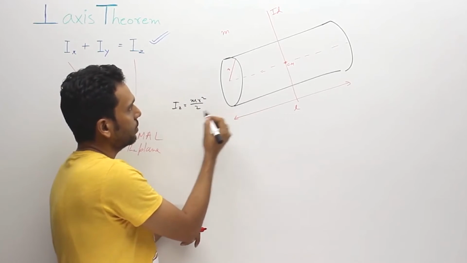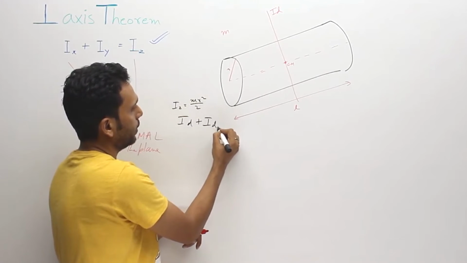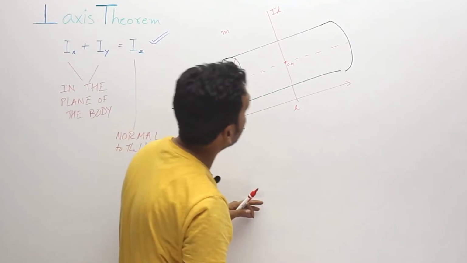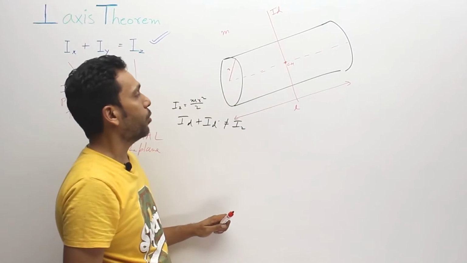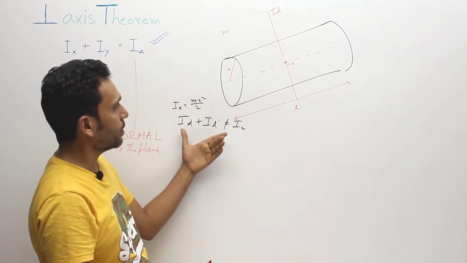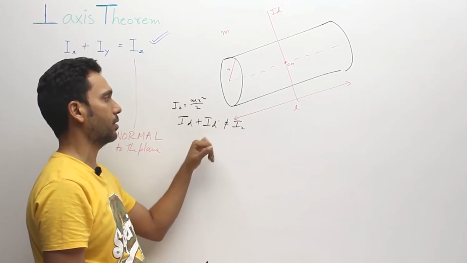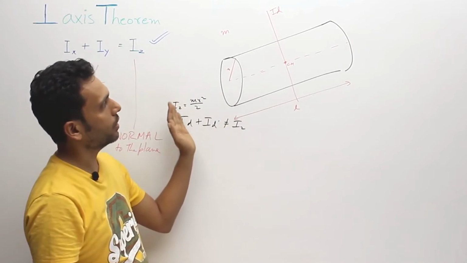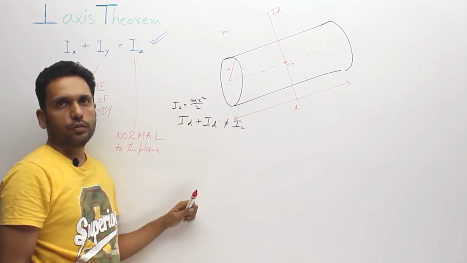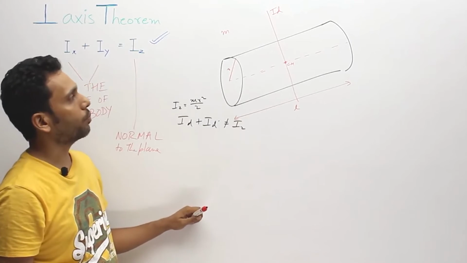But Id plus Id dash will not be equal to Iz because it is not a 2D body. In fact, people have made the error of applying this and getting an answer which was in the options. So that's a wrong approach. You'll have to actually do an integration to get your answer. So we have made the concept clear of where to apply and where not to apply a perpendicular axis theorem.